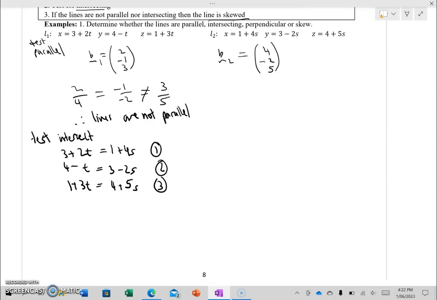I think probably the easiest 2 to solve simultaneously, maybe 1 and 2. I'm going to take equation 2 and times by 2, and I'm thinking about eliminating t here. So adding that with equation 1, I'll write equation 1 underneath.